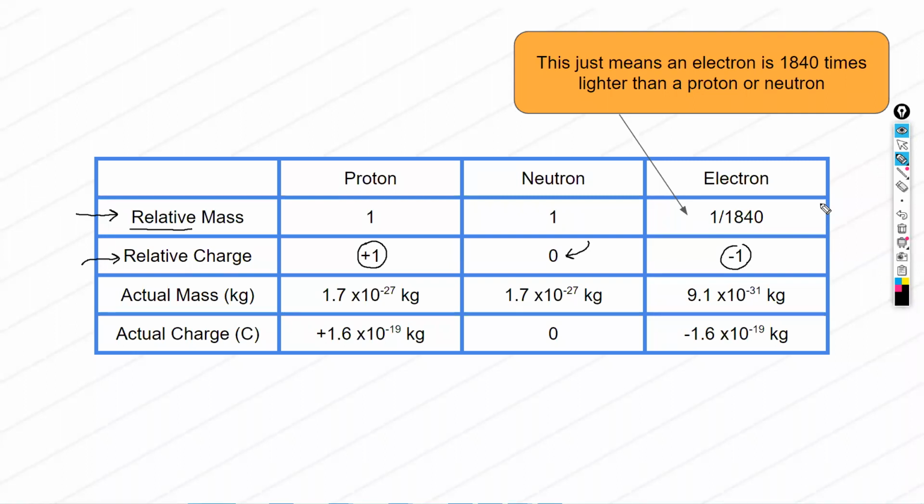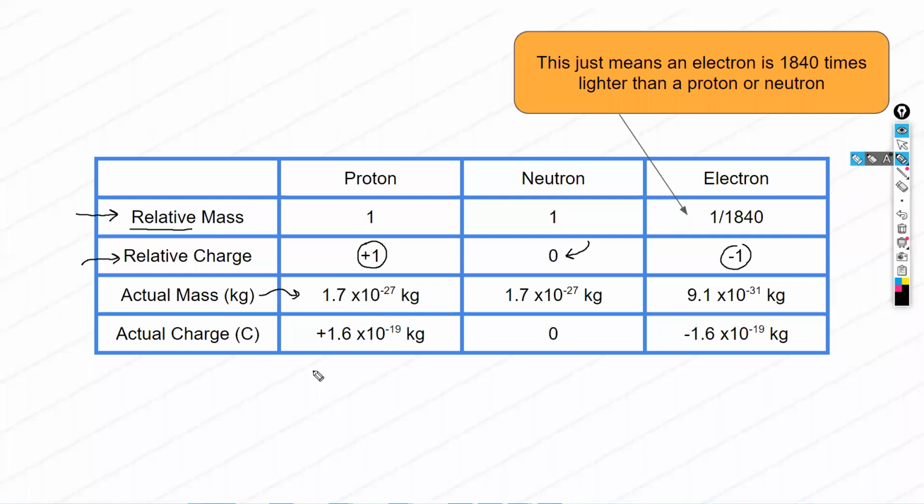It's neither positive nor what? Negative. A proton, its mass, look at this mass here, 1.7 multiplied by 10 to the power -27. Do you all think that's heavy or light? They put the value in standard form. That's very, very light.